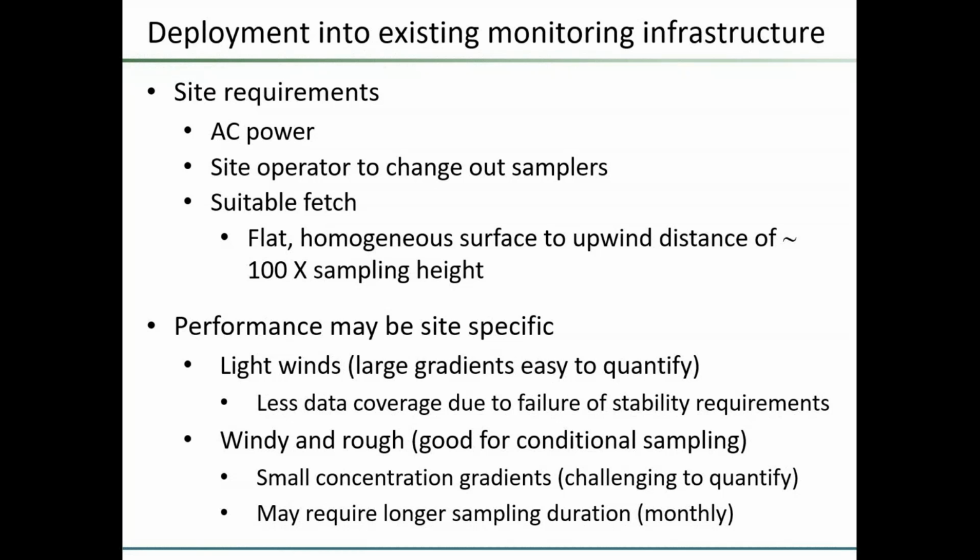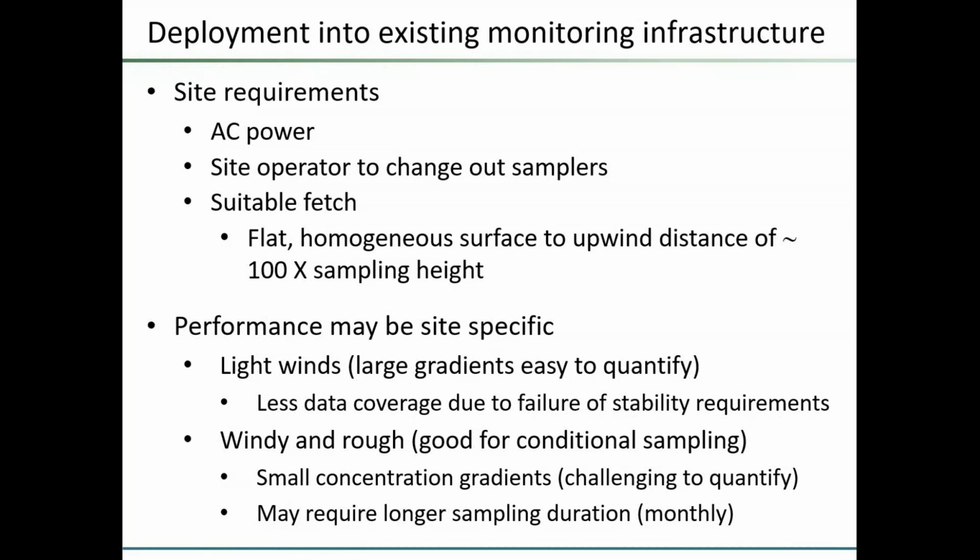The performance of the system may to some extent be site specific. We're using a micrometeorological gradient technique, and so we will satisfy the micromet conditions more at some sites and less frequently at other sites.